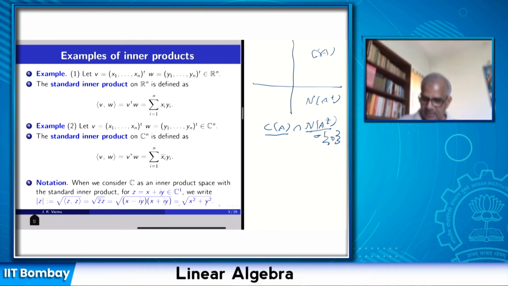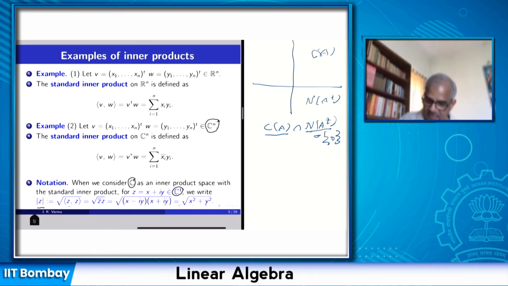Now let's relate it with what we already know. Suppose I take n equal to 1. Then it is simply the set of complex numbers. The set of complex numbers over itself is a one-dimensional vector space. Suppose z equals x plus iy. That's an element in C1. C1 is the same as C, and we know that the absolute value of this complex number is the square root of z bar z.